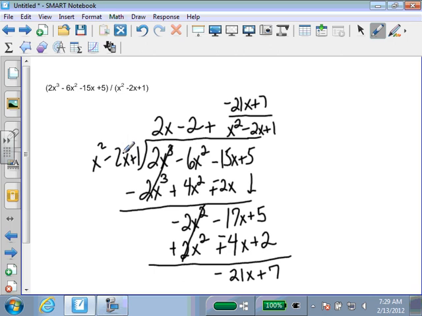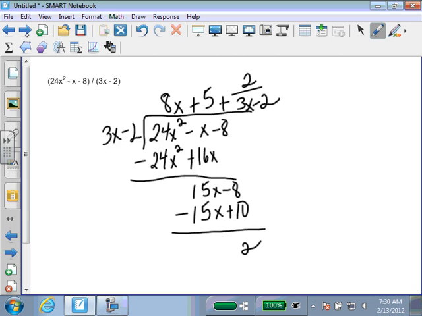We could not do synthetic division here because that is a second degree that we're trying to divide by, so that would have to be long division. Technically, we could not do synthetic division here because that's 3x minus 2. If you tried to do synthetic division, an interesting thing is going to happen.